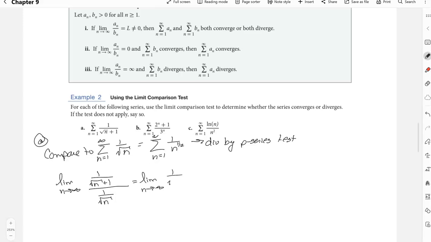Keep that first fraction, change that division bar to multiplication, and then flip that second one. So I'm looking at the limit as n goes to infinity of square root of n over square root of n plus 1.